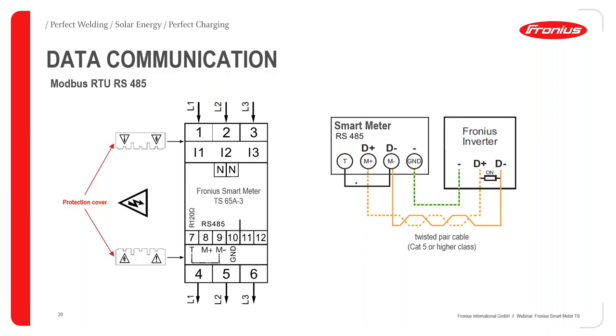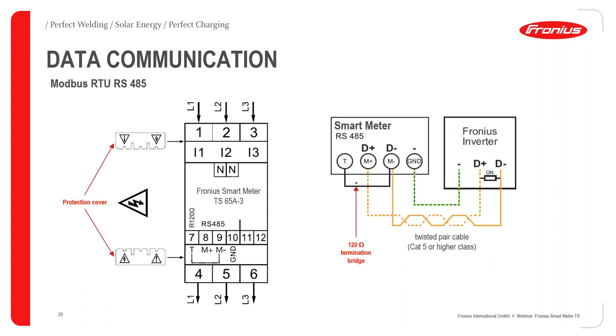And the second thing I want to go through is the 3 important steps when it comes to the Modbus communication. The first one is listed here. Use a twisted cable pair between D+ and D-. It's standard for a Cat5 or a higher standard cable. That's the first topic.